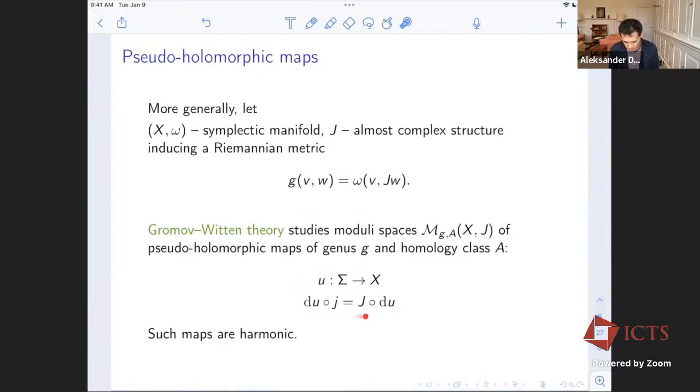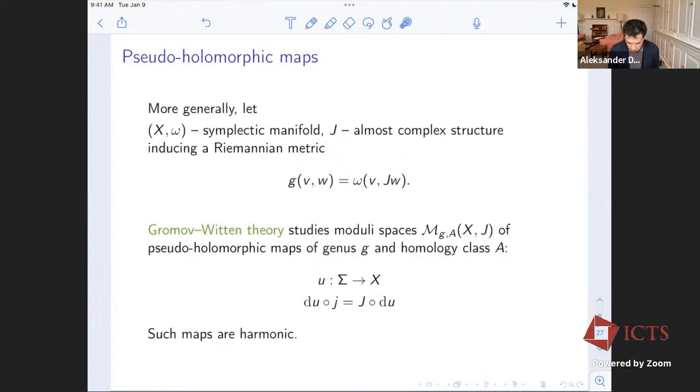Let's say sigma is some Riemann surface. You look at smooth maps whose derivative is J-linear with respect to this almost complex structure. Here, small j is the complex structure on sigma, capital J is the almost complex structure on the symplectic manifold. And this is a nonlinear generalization of the Cauchy-Riemann equations.